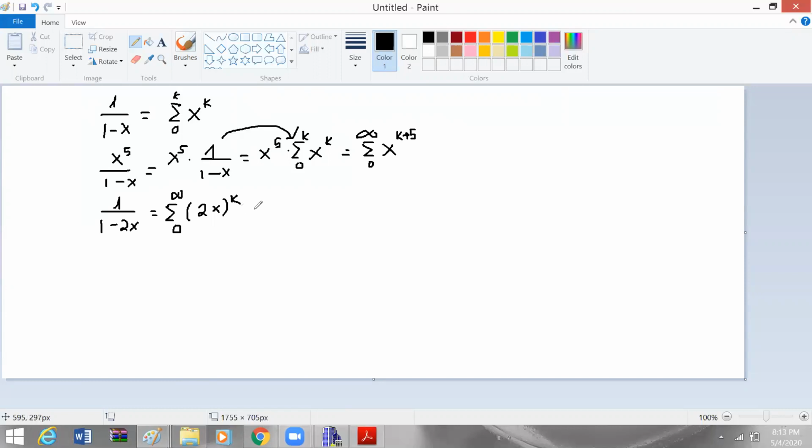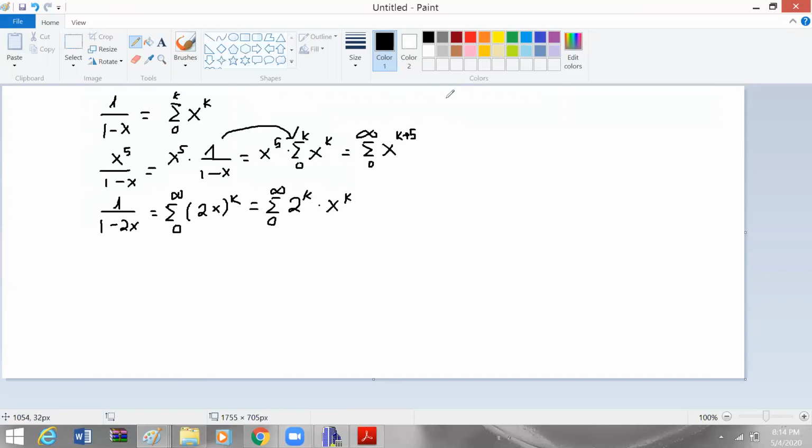The radius of convergence for all of these cases is still based on 1 minus x, because it's basically coming from a geometric series. We just multiply by a certain constant, so it's not going to be a big deal. So that'll be from 0 to infinity, 2 to the k times x to the k.